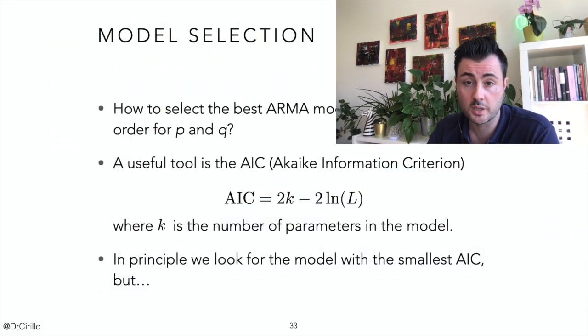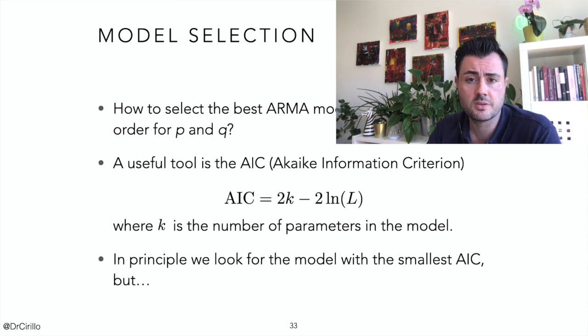In estimating ARMAs and in deciding what is the optimal p and the optimal q, we will have to use some model selection approach. There are many different possibilities. We can use, for example, the Akaike information criterion. That is the quantity you see on your screen and that you probably recall from your courses in statistics.